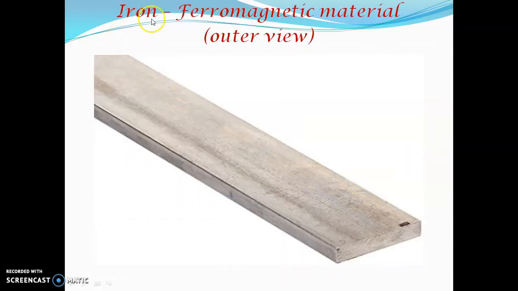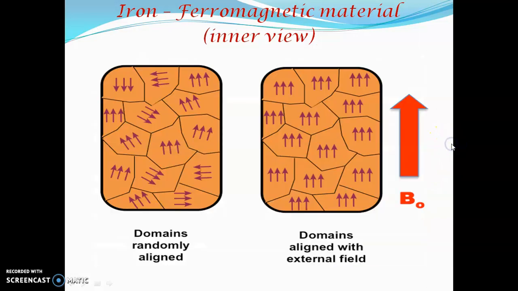Iron is one of the ferromagnetic materials, and its outer view is seen in the figure. This is the ferromagnetic material without any applied magnetic field, and the dipole moment alignment is like this. This is one domain, where all dipole moments are aligned in this particular direction.